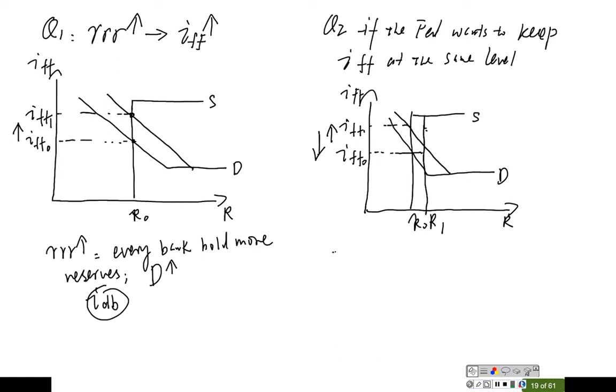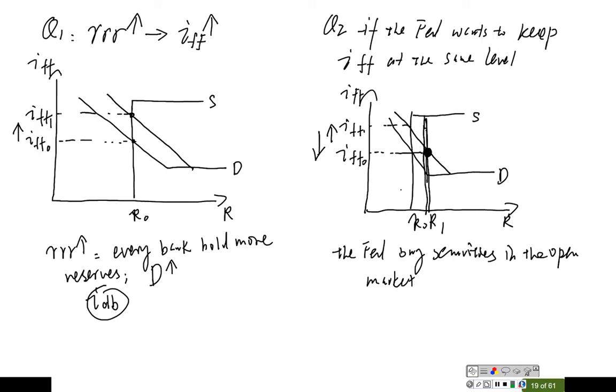We know if the Fed buys securities in the open market, it will shift the supply curve to the right. After the supply curve shifts to the right, it will intersect with the new demand curve at a point here. This point indicates the federal funds rate will remain at the same level.